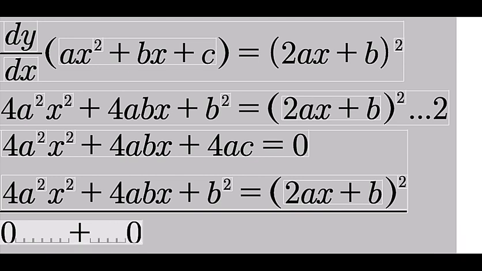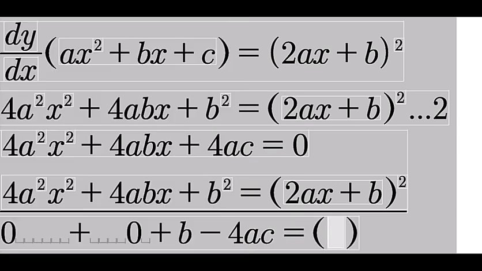Then b squared minus 4ac will give me plus b squared minus 4ac equal to the binomial raised to the power 2.